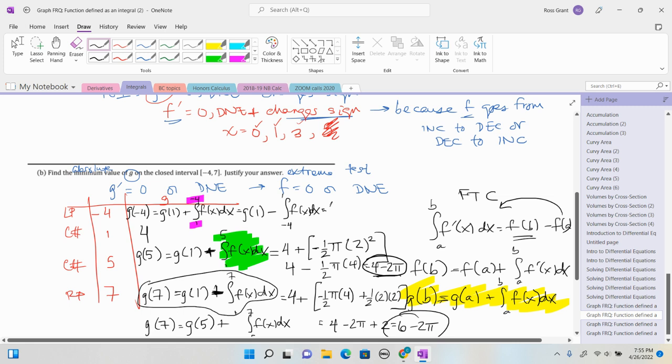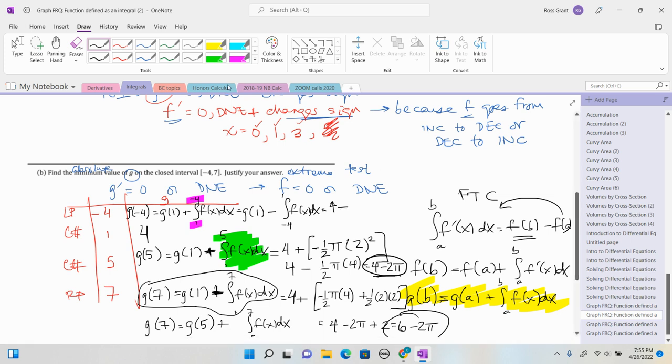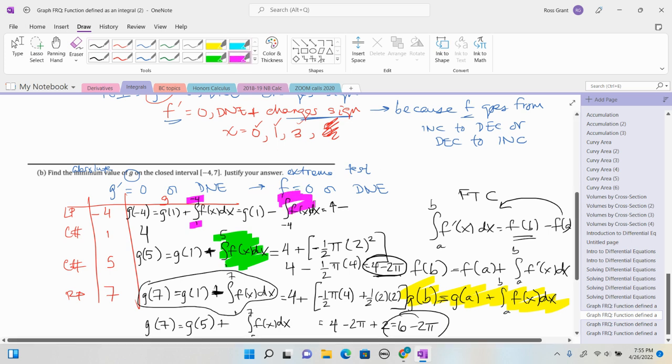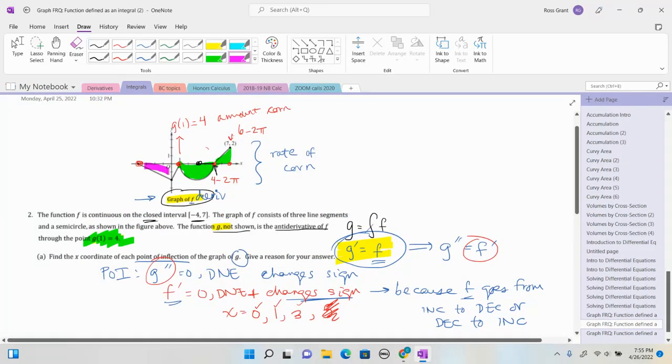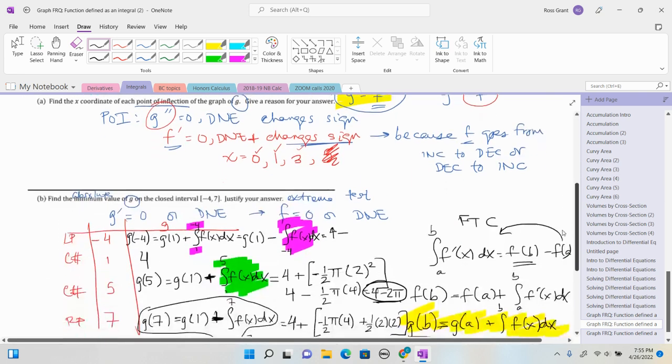So I'm going to do g of 1 minus, flip the limits of integration. Okay, g of 1 is 4 minus, okay, I need the area from -4 to 1. That would be like this right here. And that would be 1/2 base times height. The base is 1, 2, 3, 4, 5. The height is 2. And this is a negative area itself.